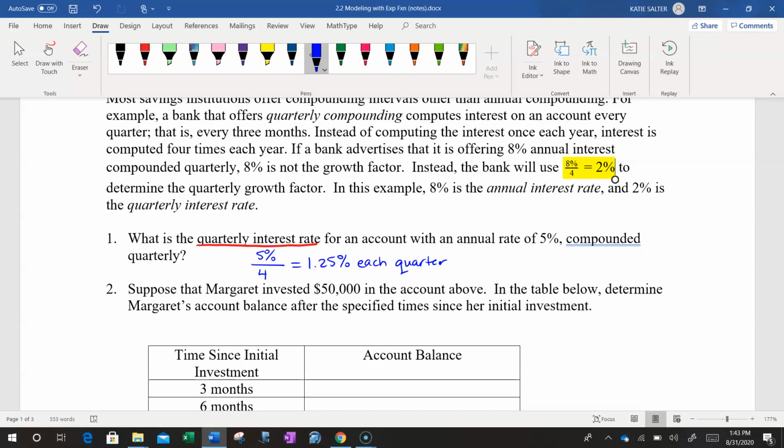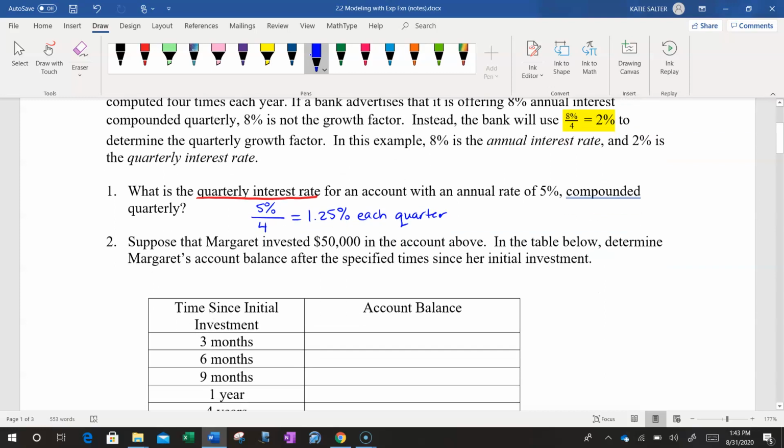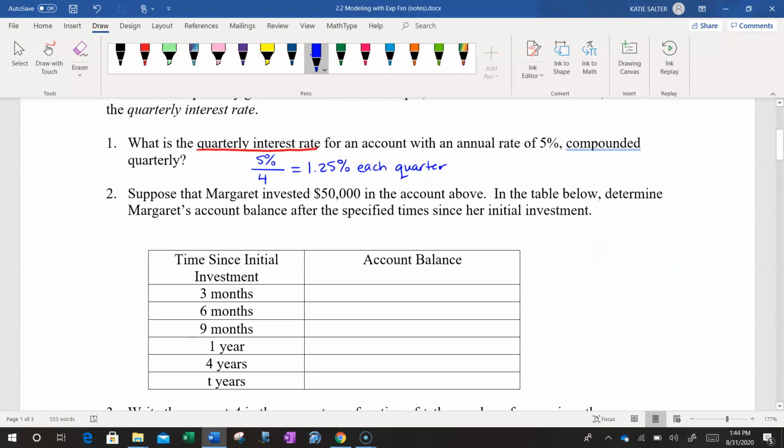Suppose that Margaret invested $50,000 in an account above. In the table below, determine Margaret's account balance after the specified times since her initial investment. All right, well, if it had been 3 months, guys, that would have been 1 quarter. So what would happen is you would have to say 50,000 times 1.0125 raised to the first power, because only 1 quarter has passed.